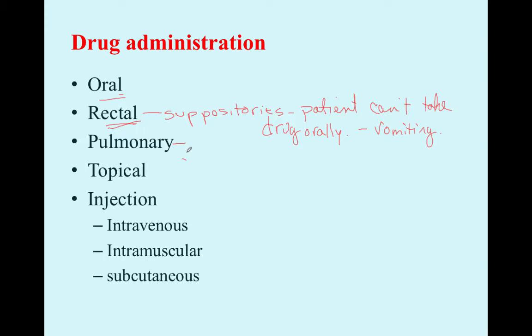You also have pulmonary, and those are administered directly to the lungs in the form of gases, sometimes powders, and they go right into the lungs. The absorption in these types is very quick acting because you've got a large surface area in your lungs. Okay, you have topical. This means it is on the skin. Things like creams, ointments, lotions.